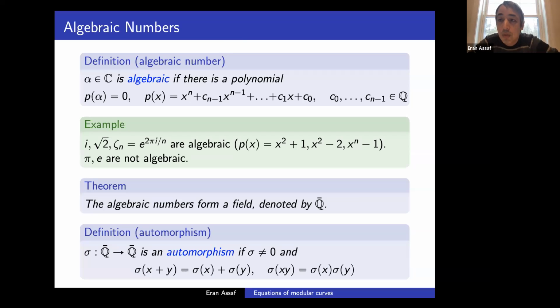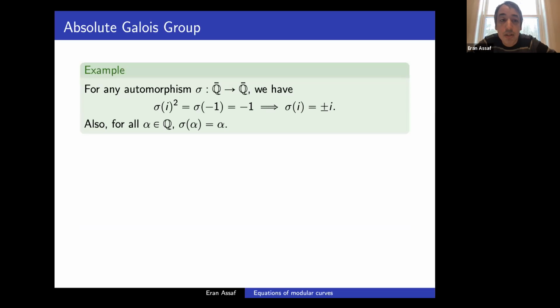We will also need the notion of an automorphism. So an automorphism of the algebraic numbers is just an invertible map that preserves the field operations, the addition and the multiplication. Here's an example.